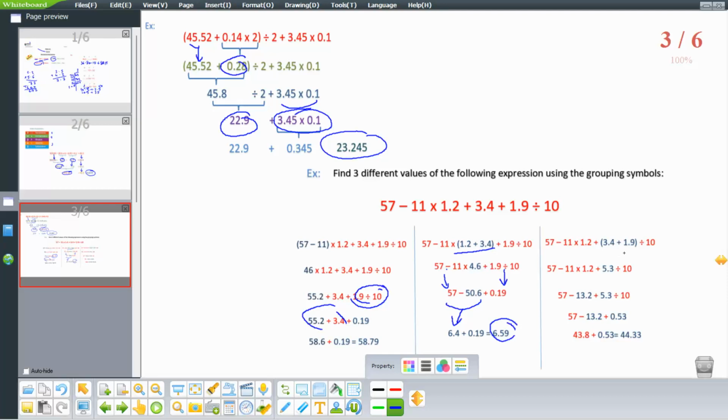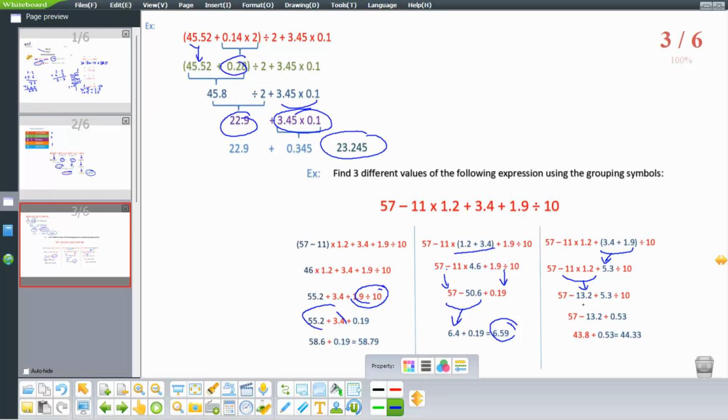Here, if we put the brackets with 3.4 plus 1.9, it is 57 minus 11 times 1.2, and this answer will give us 5.3 divided by 10. So we are going to start with multiplication.